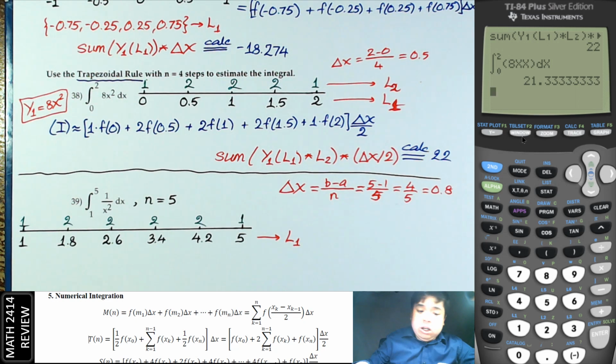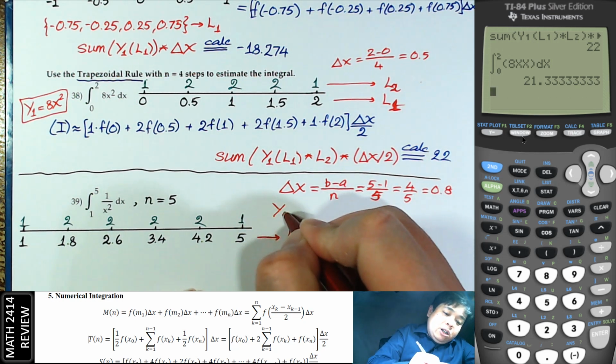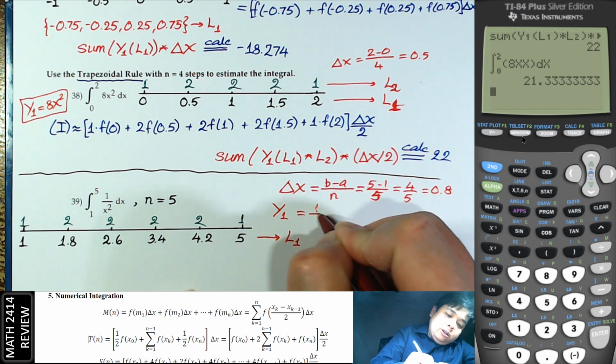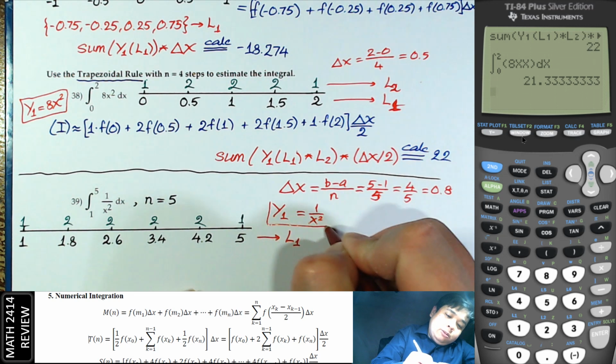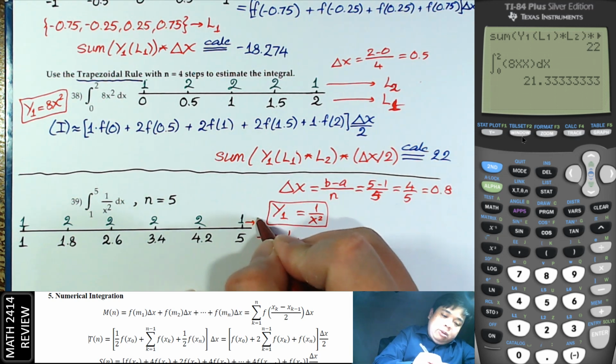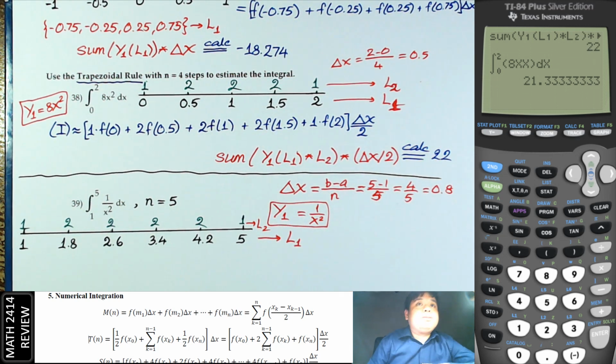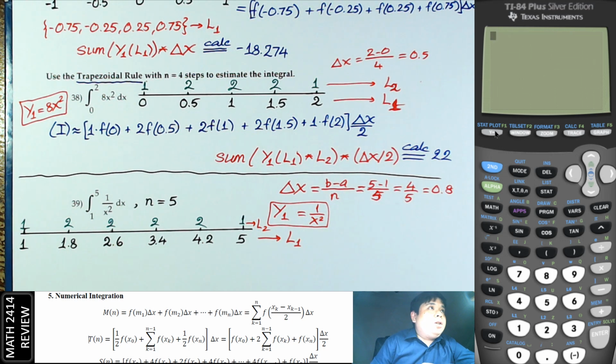But most importantly, the first step we do is enter the function, because this will be L2. So function 1 divided by x squared. If you're not comfortable with that, maybe we put 1 divided by x squared in parentheses, so that definitely x squared is at the bottom. Alright, so we have y1, check.